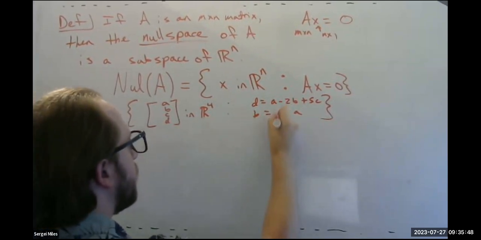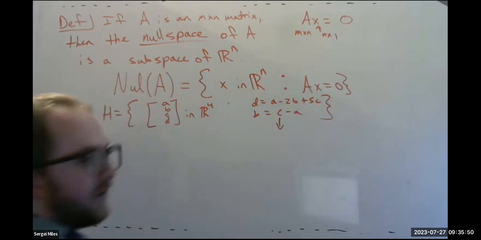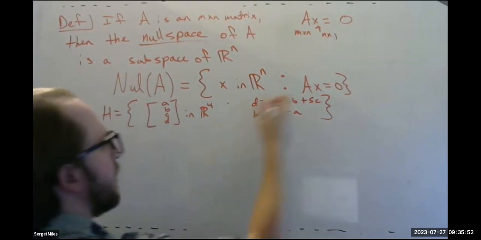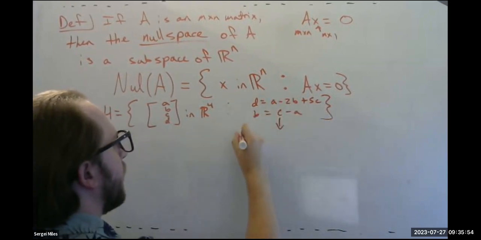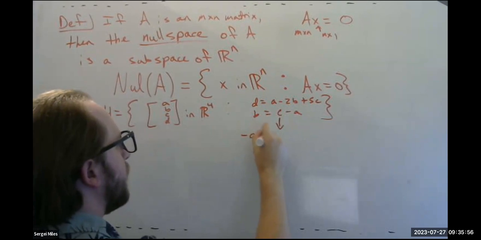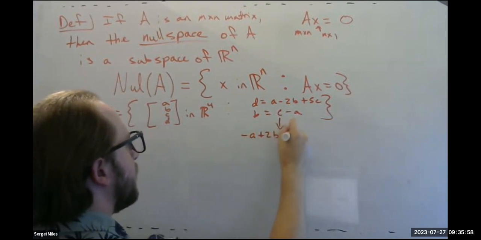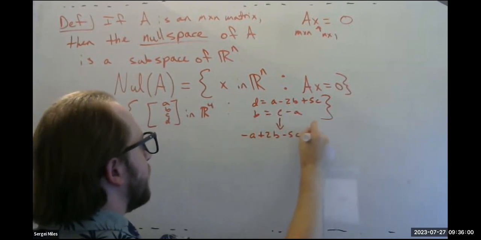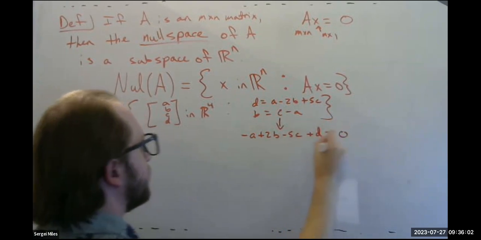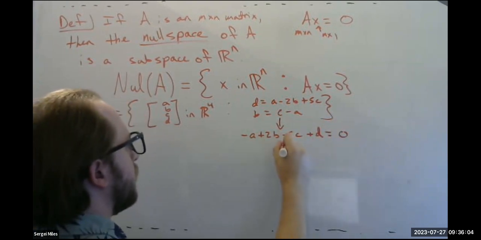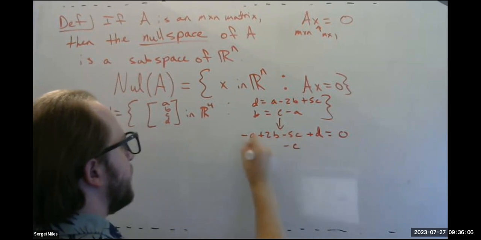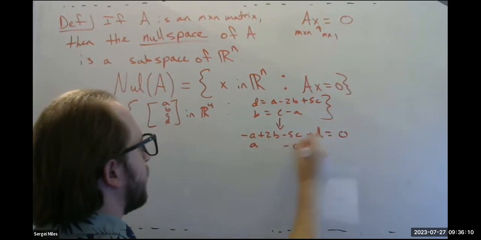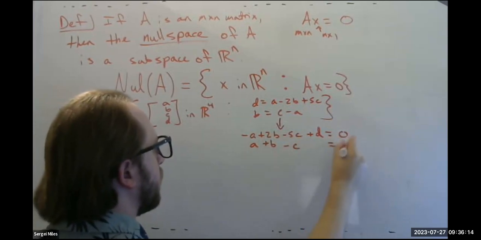So what I could do is, what if I just move everything to the same side? I'm going to subtract everything over, and we have negative A plus 2B minus 5C plus D equals 0. Negative C, and I'm intentionally writing it in a different order so that you can see what's happening here, plus B. Right?